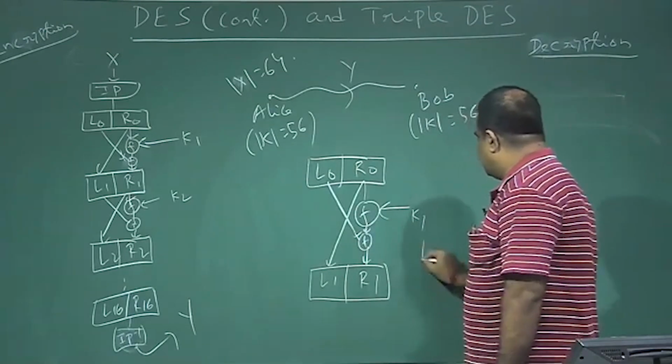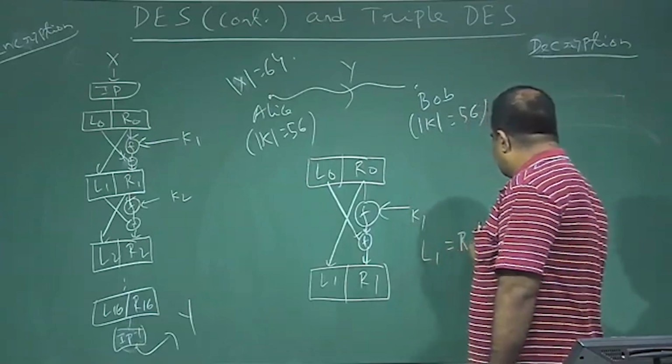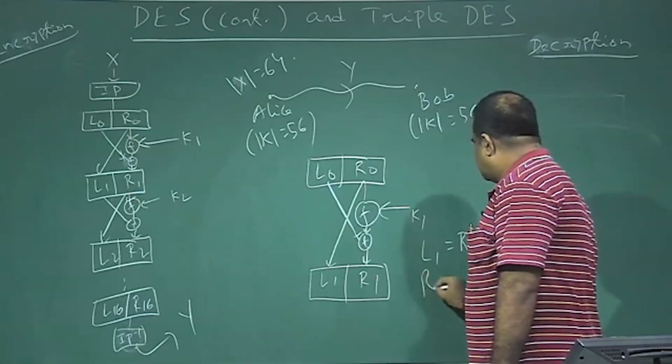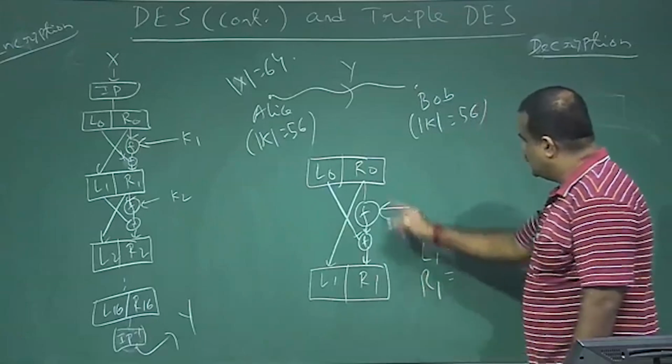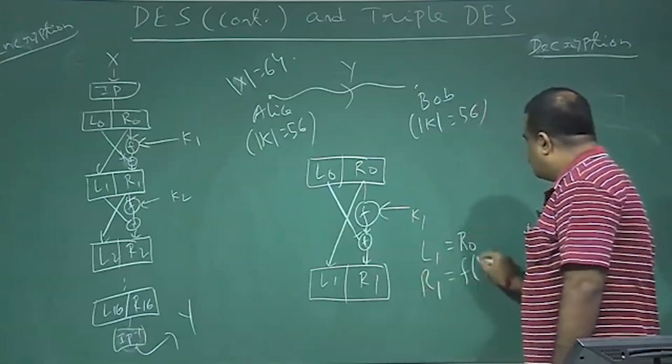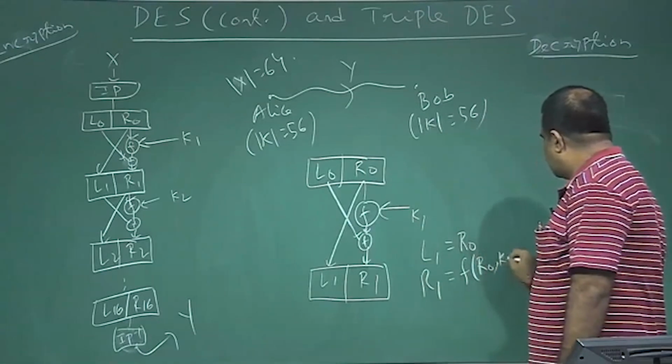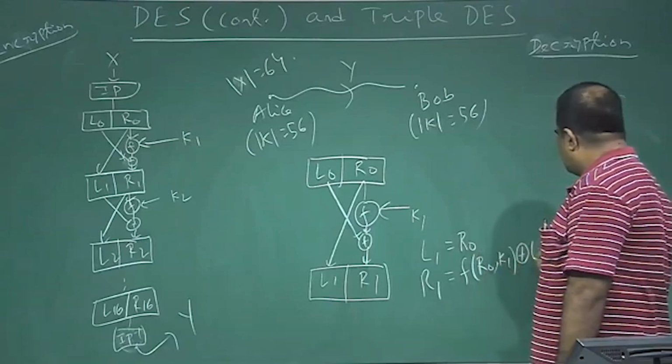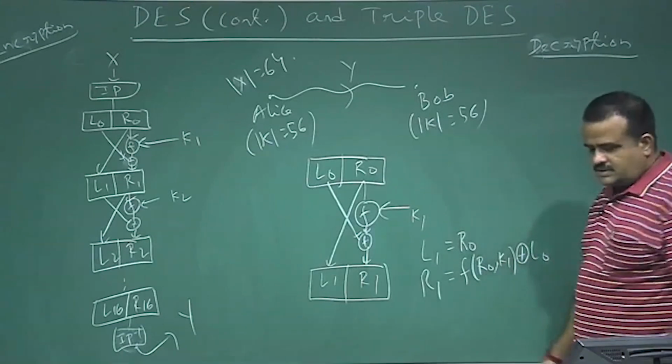So basically L1 is R0, and R1 is F of R0, K1, XOR with L0. This is the encryption.